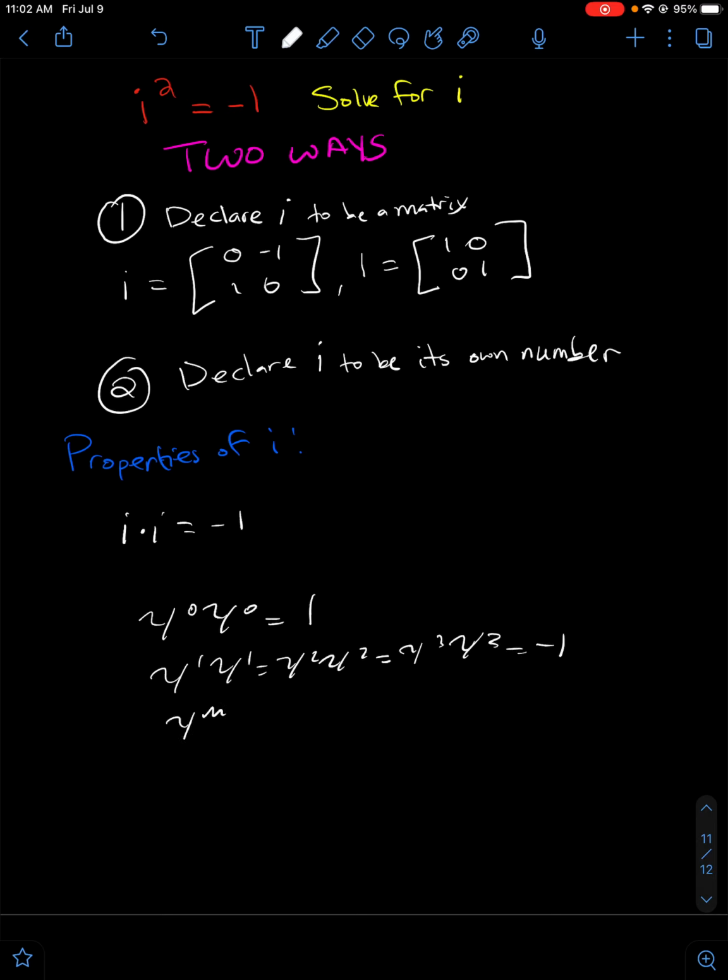And we had that gamma mu gamma nu plus gamma nu gamma mu should equal 0 if mu is not equal to nu. And I honestly don't know why it's convention to write mu and nu in the same expression when they look the same and sound the same. It's just the notation most textbooks use.